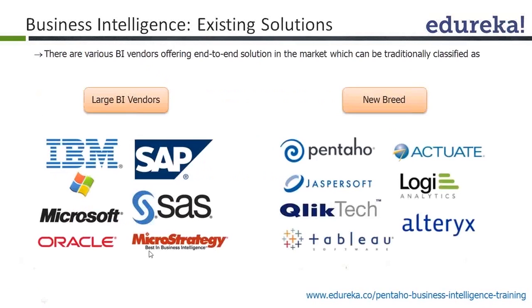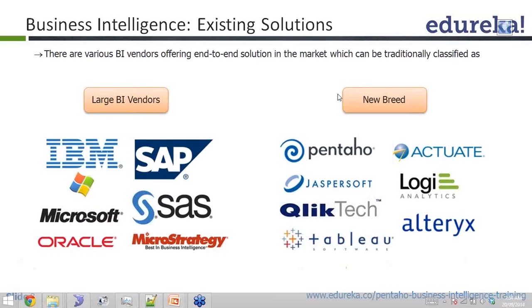Now these are existing vendors in the BI domain. Oracle is predominantly the largest player. IBM too is a very good player. Other than Oracle and IBM, SAP has good presence.